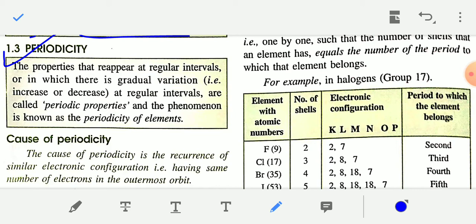Now periodicity: the properties that reappear at regular intervals, or in which there is gradual variation, increase or decrease at regular intervals, are called periodic properties, and the phenomenon is known as periodicity of elements.